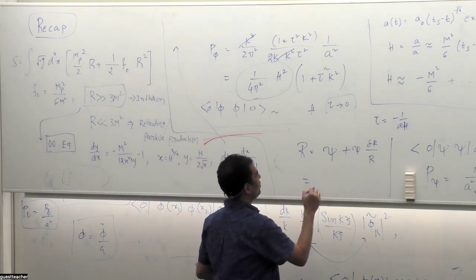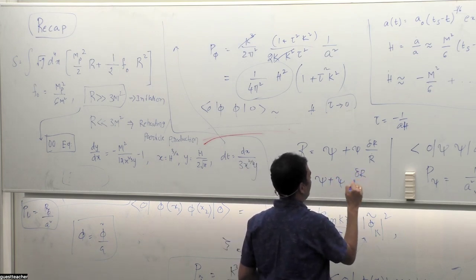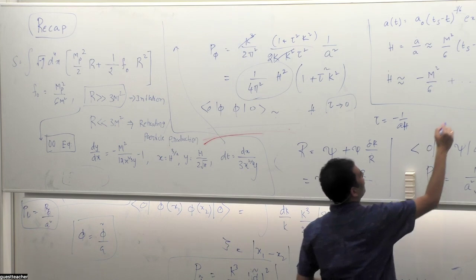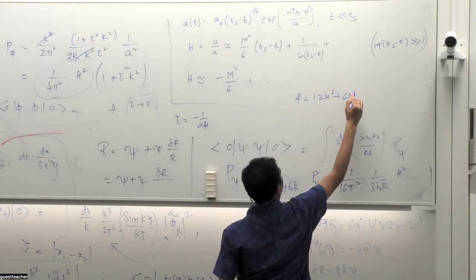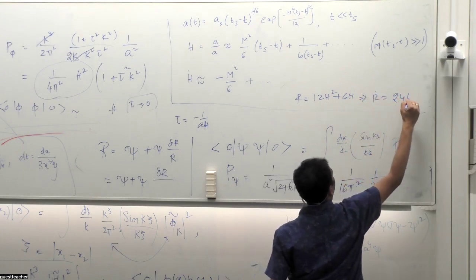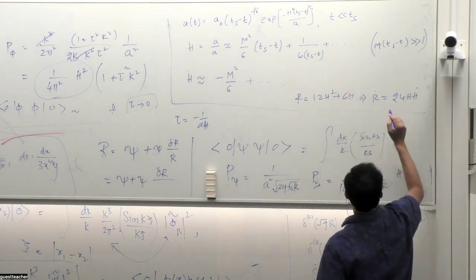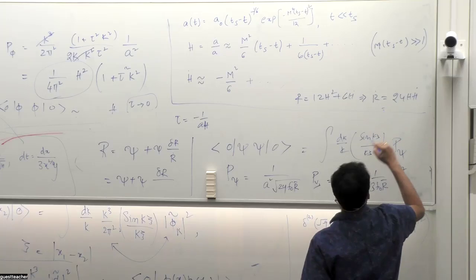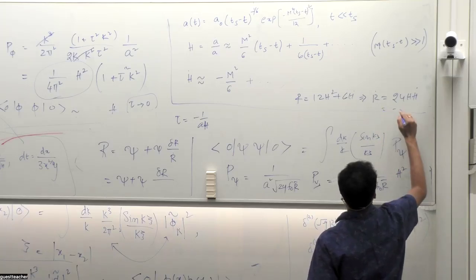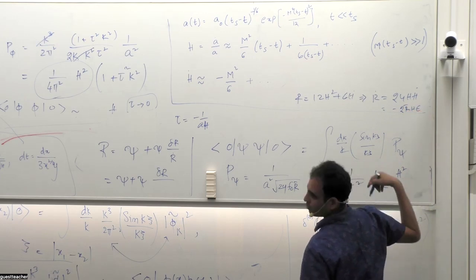If you compute this, psi plus psi delta R by R dot, remember, R is 12h square plus 6h dot. R dot is 24h dot, and h double dot is negligible, because it's not varying much. You can write it as minus 2 R bar h epsilon, where epsilon is minus h dot by h square.